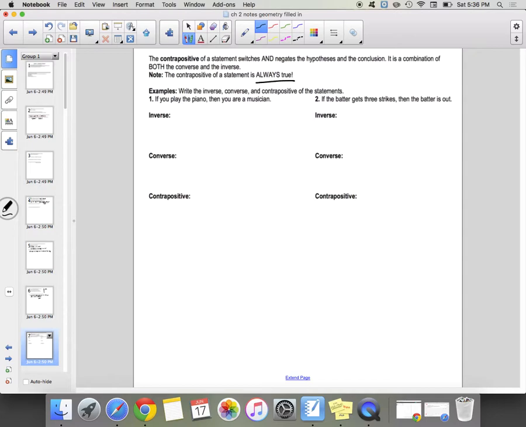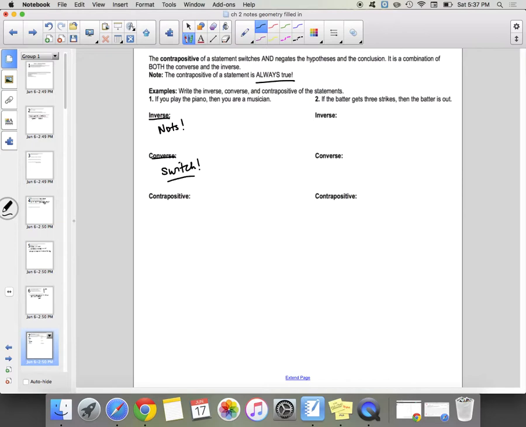So for number 1, I'll just run you through this. I won't write it, but you can listen. So it says, if you play the piano, then you are a musician. So the inverse would be, if you do not play the piano, then you are not a musician. We put in the nots, right? The converse is where we switch.